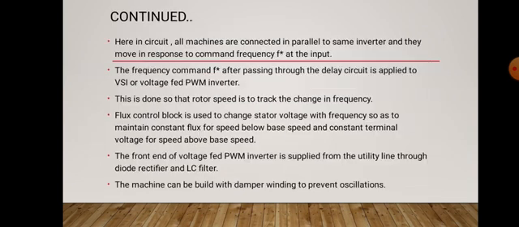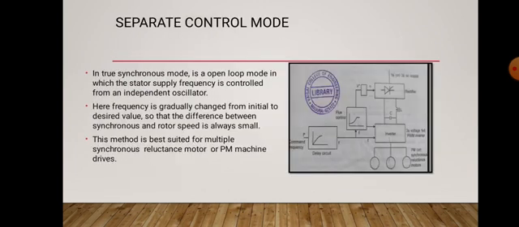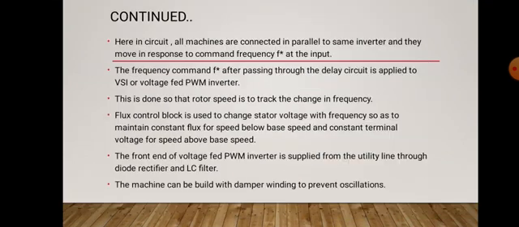The frequency command, after passing through the delay circuit, is applied to the VSI, that is this inverter, or PWM inverter. This is done so that the rotor speed can track.